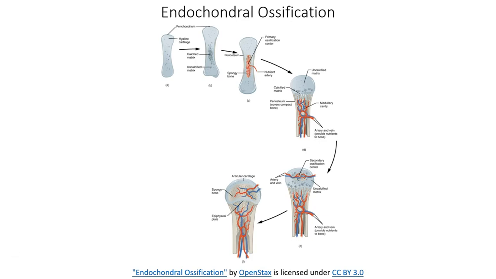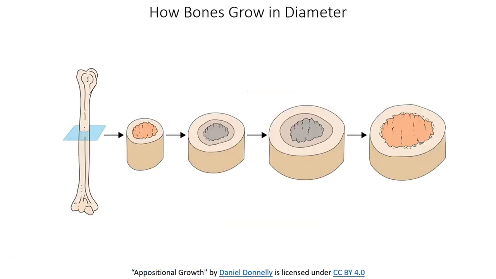And as we produce more and more of this matrix slowly over time, through these chondrocytes and some of these bone cells that are going to start to appear in this particular tissue, we're going to start that ossification process, all right? So that matrix starts out uncalcified, just like we saw previously, and it will slowly calcify over time.